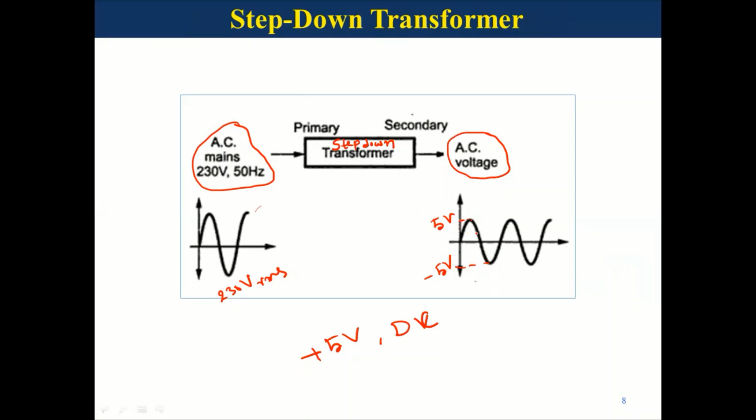So I want to convert this bidirectional signal into a unidirectional signal. That's why this is given to the rectifier. The output of the step down transformer is given to the rectifier circuit. The step down transformer output is bidirectional in nature. We want to convert that bidirectional signal into a unidirectional signal.